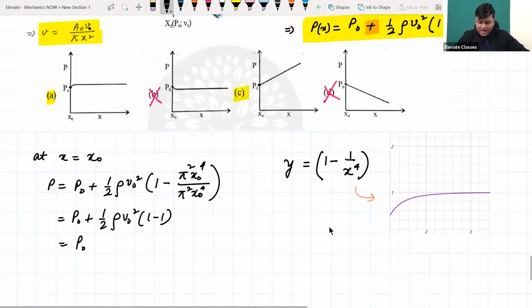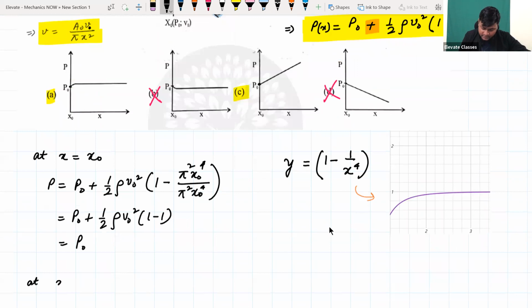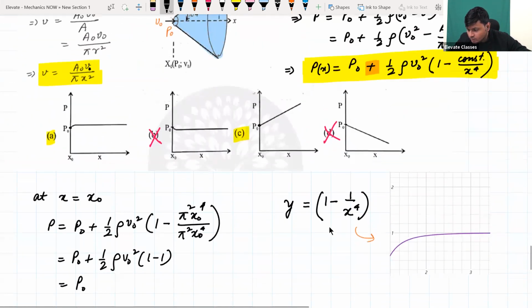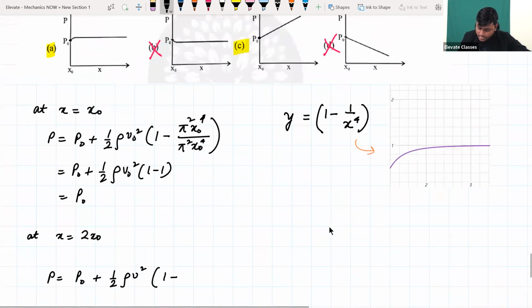Alright, but what about after this? If I consider some point, let's suppose x is equal to twice x naught, then p is equal to p naught plus half of rho v square times 1 minus, here in place of a naught we get pi x naught to the power 4, and here pi square times 2x naught in place of x.